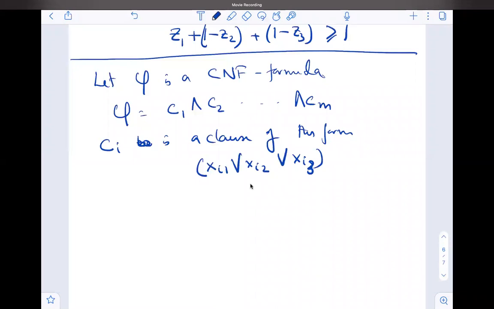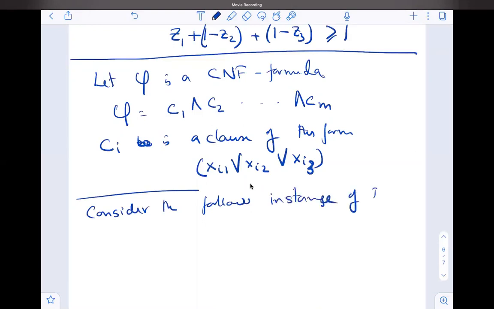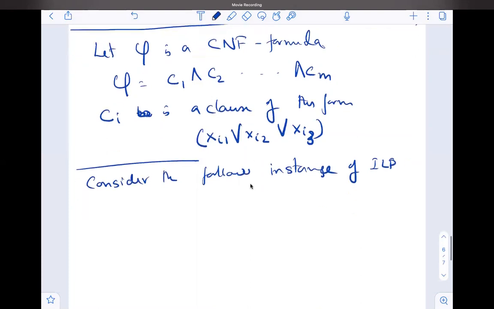Now let's consider the following instance of ILP. What is it? First of all, I have to define the variables. So here also there is the formula, right?